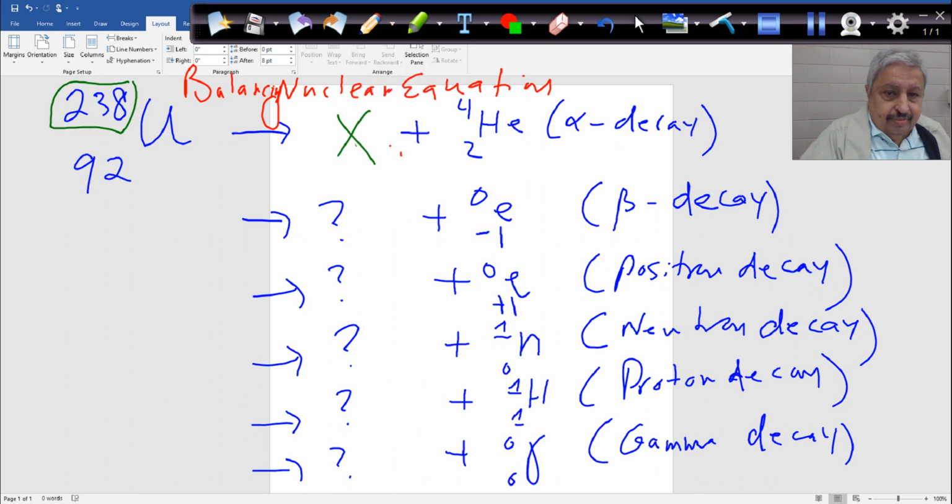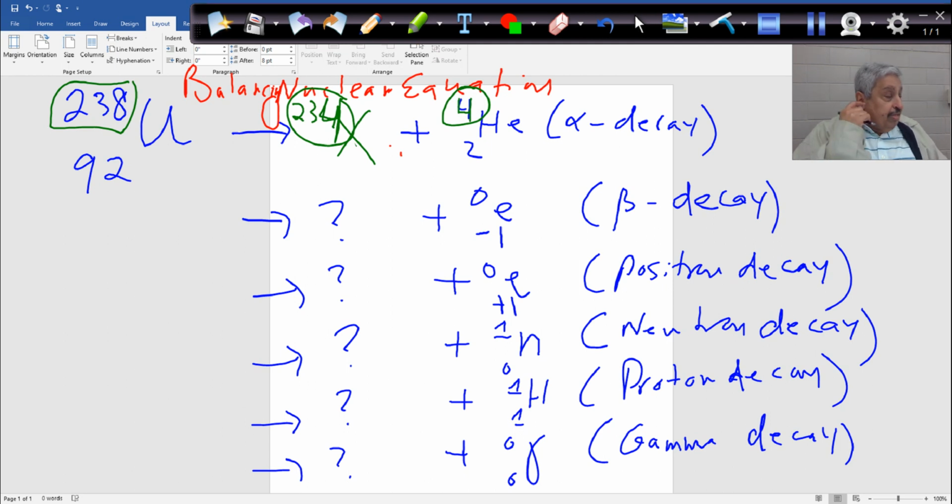This is X. So the atomic mass at the left is equal to the atomic mass at the right. Here I have 4, so I need something to keep this up to 238. How much will be here? 234. Why is it 234? Because 4 plus 234 makes 238, correct?